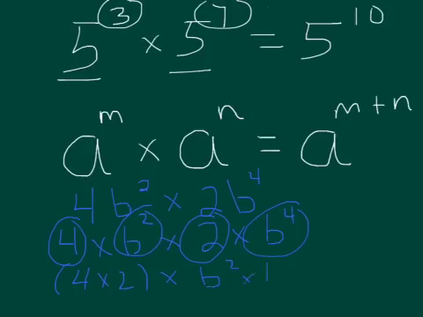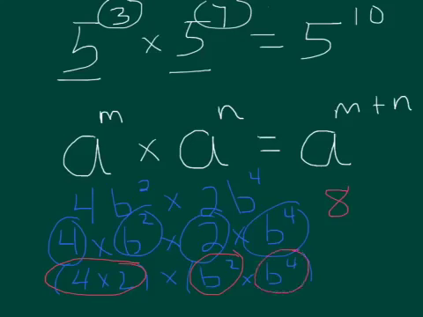And I'll put parentheses around that just to keep it straight as well. So now I can go 4 times 2 is 8, and b squared times b to the fourth. Using our rule, we keep the base, which is b, and we add the exponents 2 and 4 to get 6. So this answer would be 8b to the 6th power.